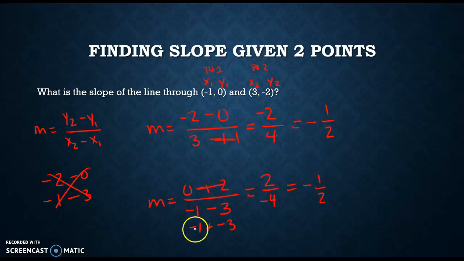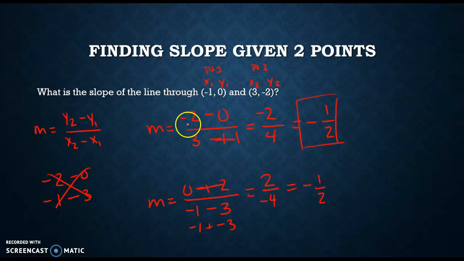So either way we set it up, we ended up getting the same answer, that the slope of our line through those points is -1/2. Why do I do both of them for you? Because I want you to understand I just need to do y minus y over x minus x, and whatever point I pull from first for y has to be the point I pull from first for x. That's just how it has to be.